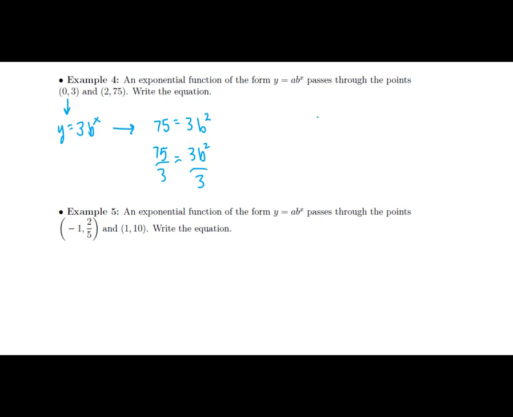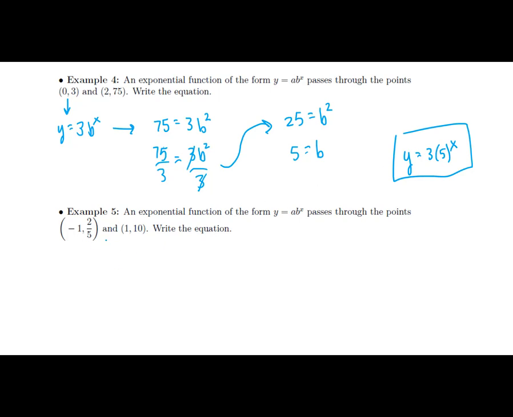And that's going to give me that 25 is equal to b squared. And remember, b is always positive. So while we normally, when we take the square root of both sides, have to think, okay, is it plus or minus? In this context, it's always going to be positive. So b is 5. And so that means that our equation is y is equal to 3 times 5 to the x.